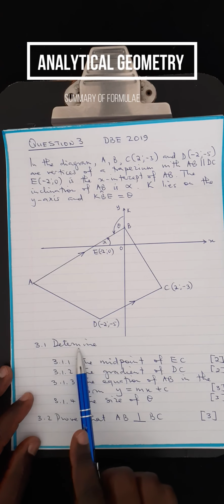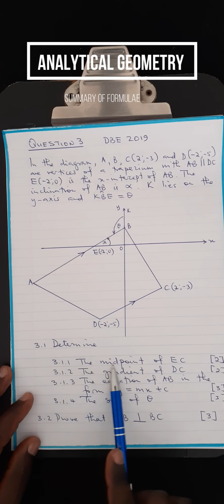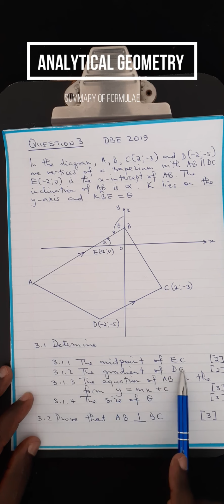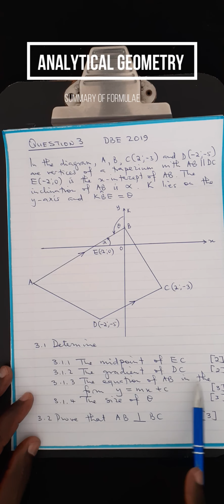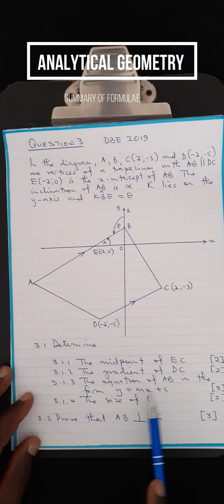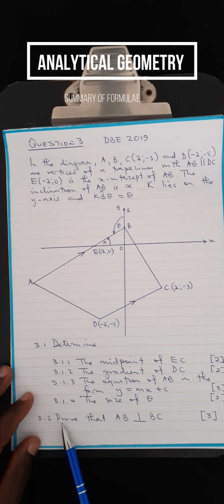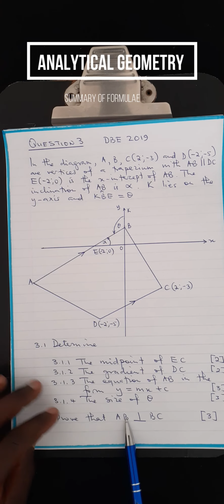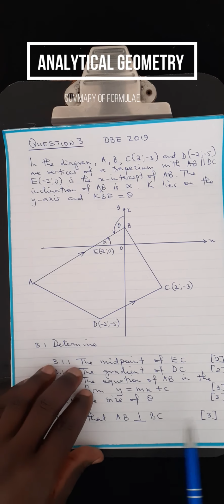We are asked to determine 3.1.1, the midpoint of EC, the gradient of DC, the equation of AB in the form y = mx + c, the size of theta, and to prove that AB is perpendicular to BC.